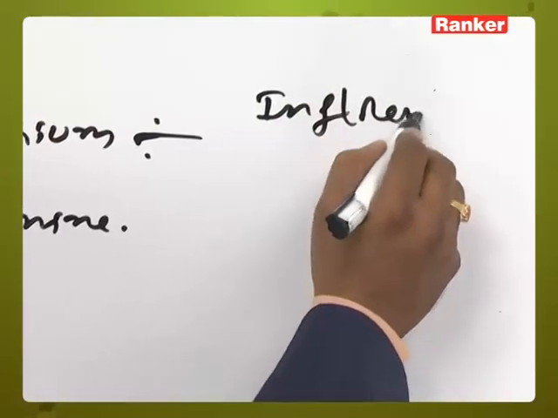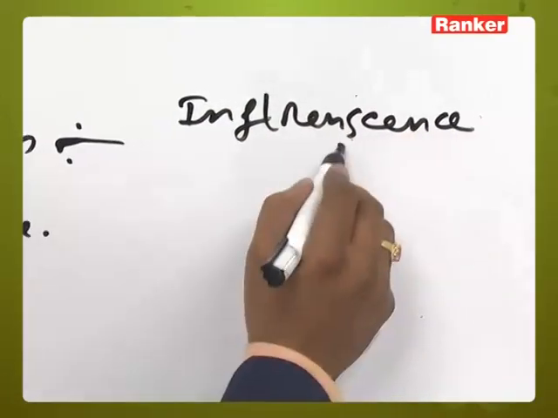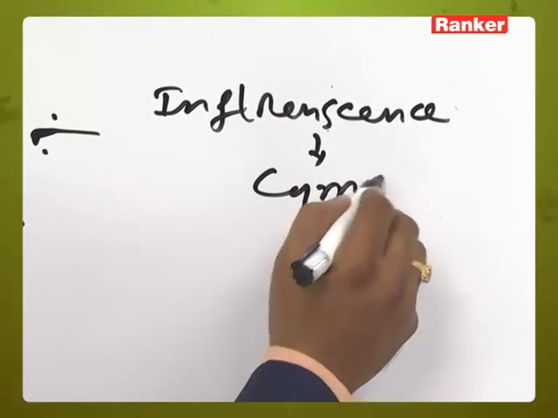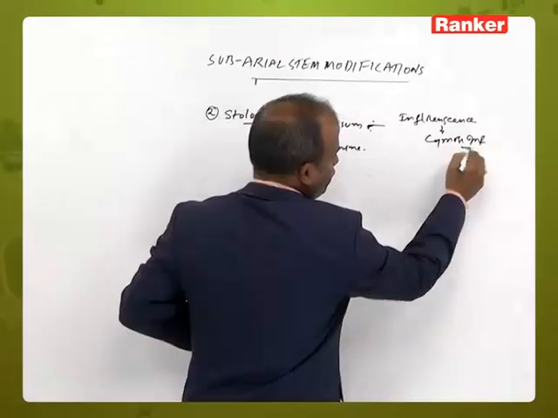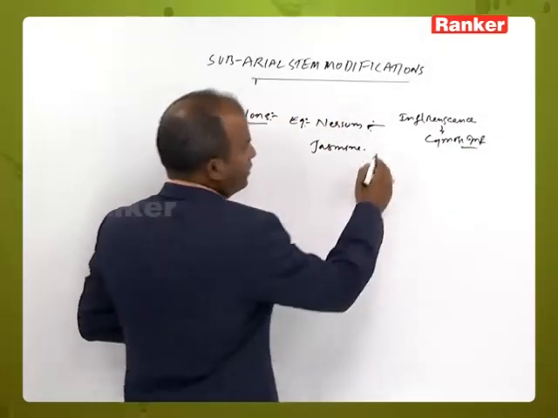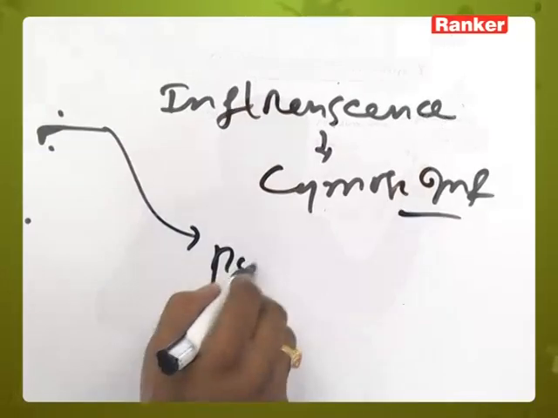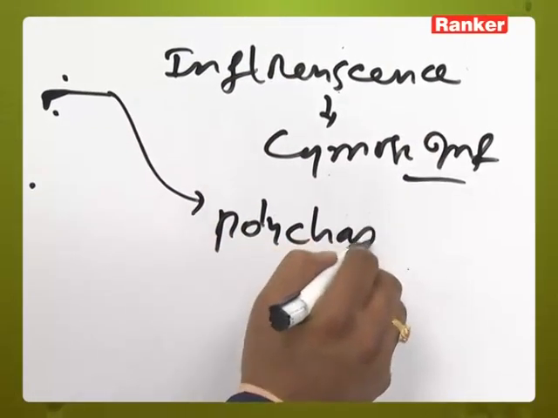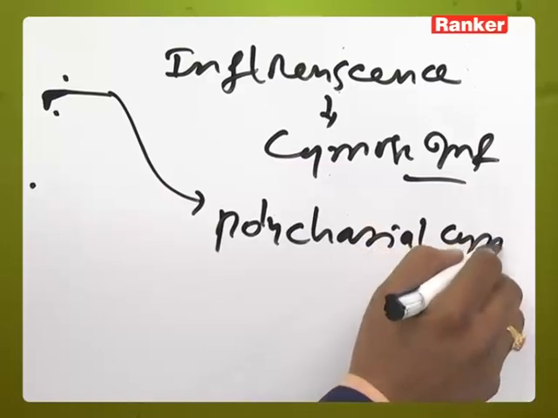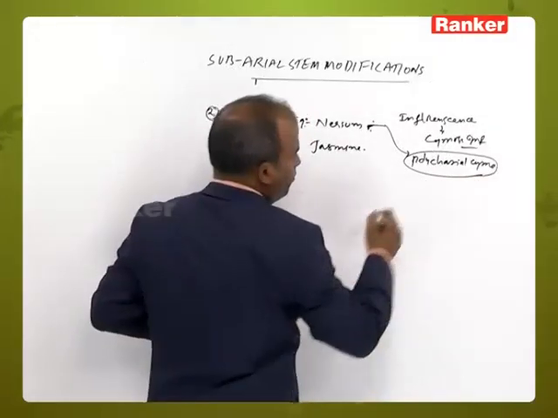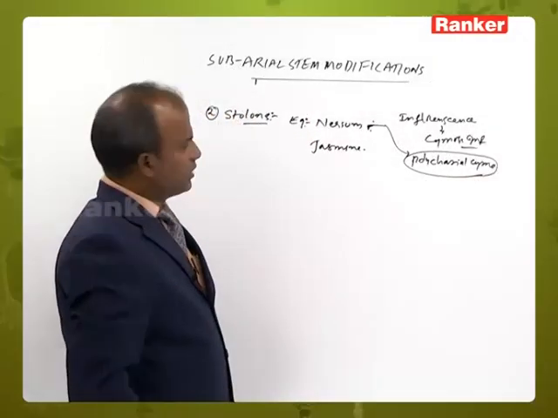Nerium shows cymose inflorescence, that is a polychasial cyme.